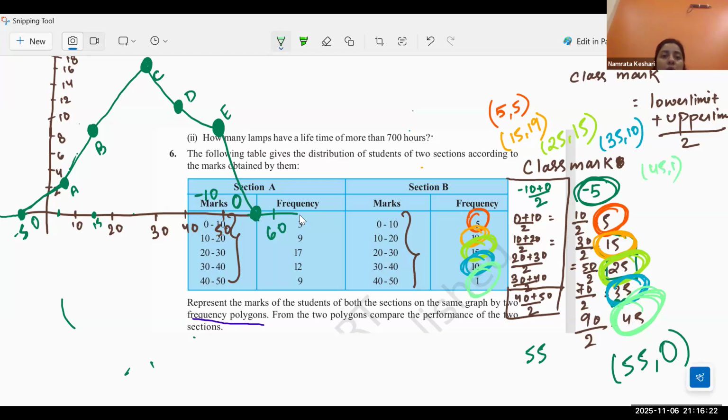We will be locating all these points. So the first one is 5 comma 5. Next one is 15 comma 19. Okay, 19 will be the topmost beyond this one. Next one 25 comma 15.